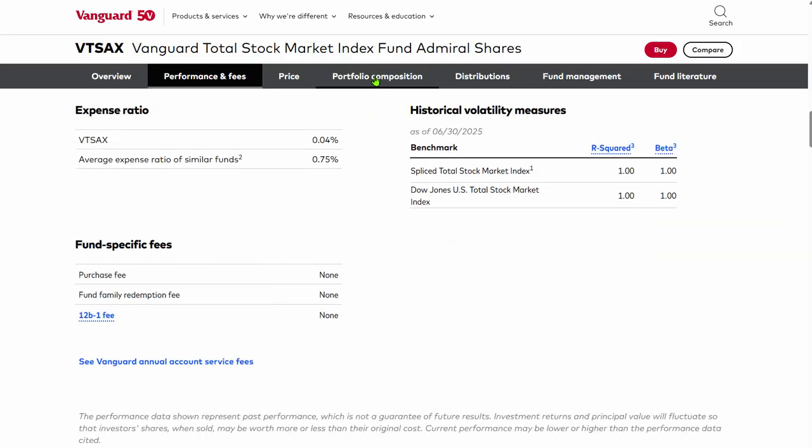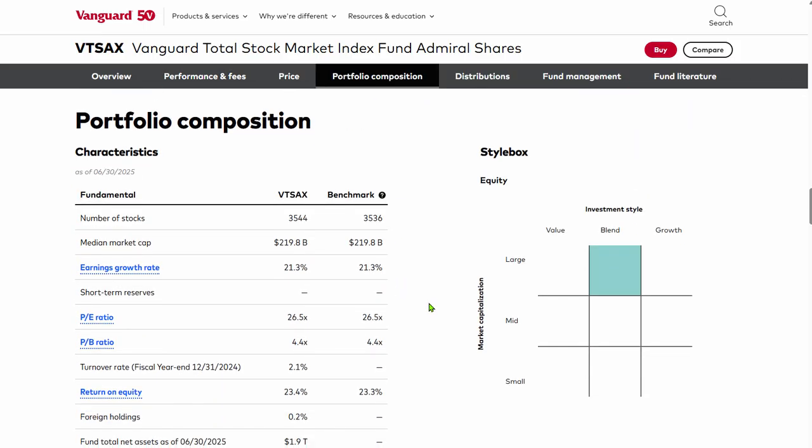What I like is the portfolio composition. And you can see this fund, this total stock market fund, contains over 3,000 stocks. So instead of just buying one or two stocks to try to be an investor and to try to beat the market, we're just buying the whole market.